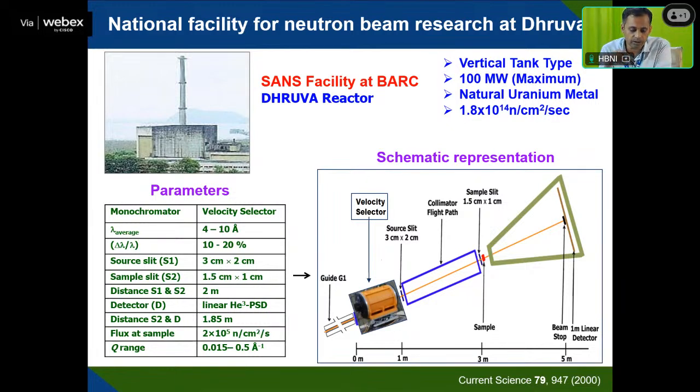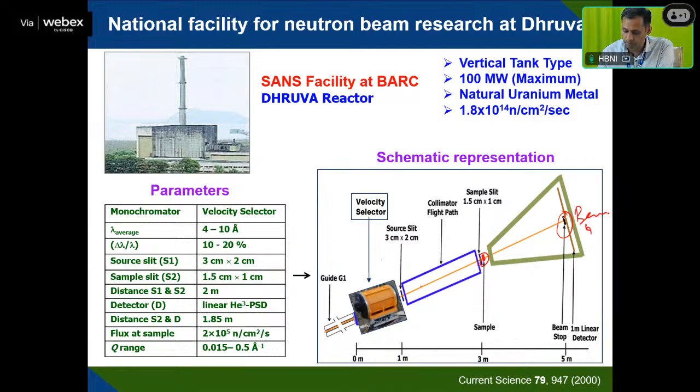The nuclear facility at BARC is the Dhruva reactor, a vertical tank type reactor of maximum 100 megawatt, with natural uranium metal as fuel. Whatever beam line we have separated out is called the collimator. The beam from the guide comes, passes as a neutron beam and falls on the sample, and then you have a beam stopper.